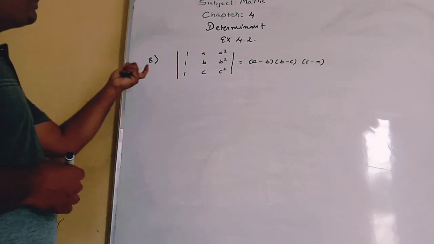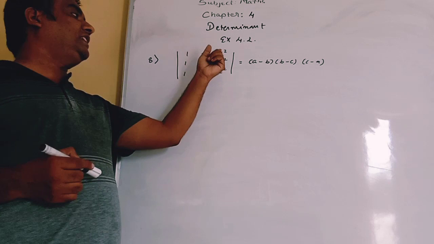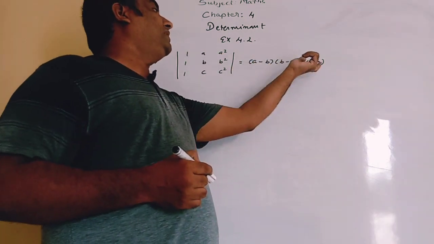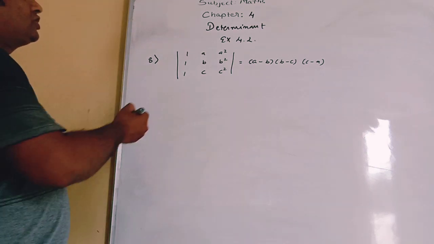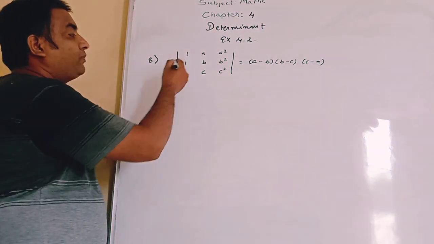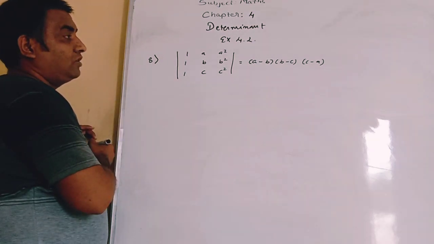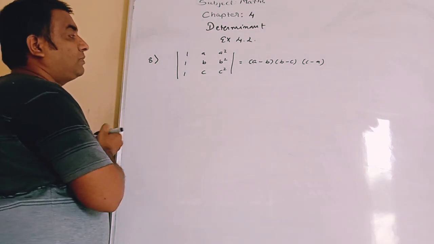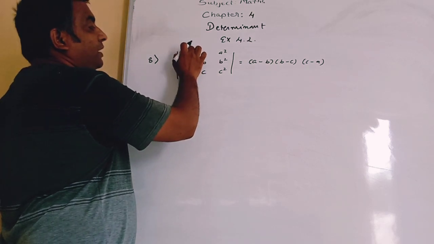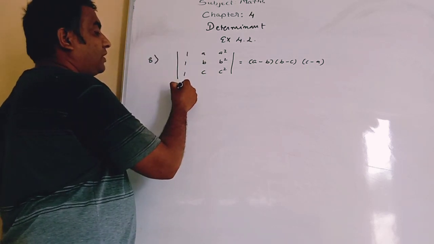Now the 8th question we have the determinant with rows 1, 1, 1; a, b, c; a square, b square, c square. Then prove that it equals a minus b, b minus c, c minus a. To expand easily we can make two entries 0. These two entries 1 and 1 we subtract from this one, then it will become 0.